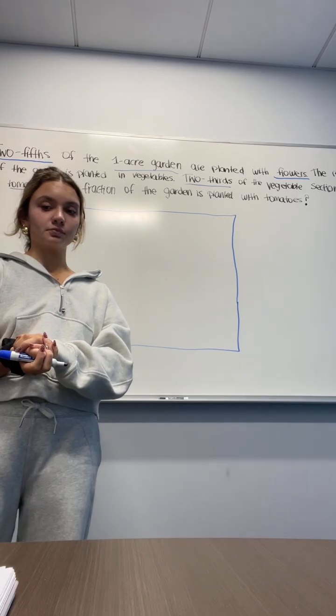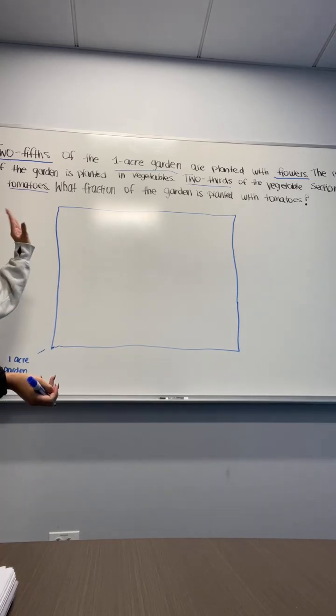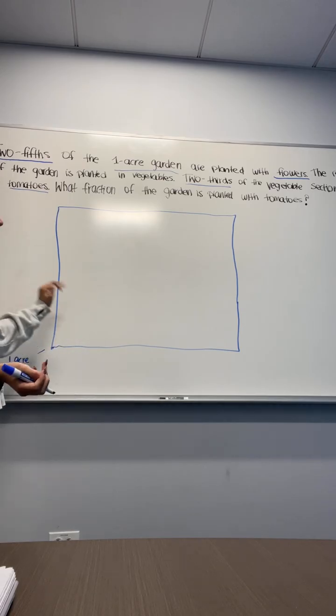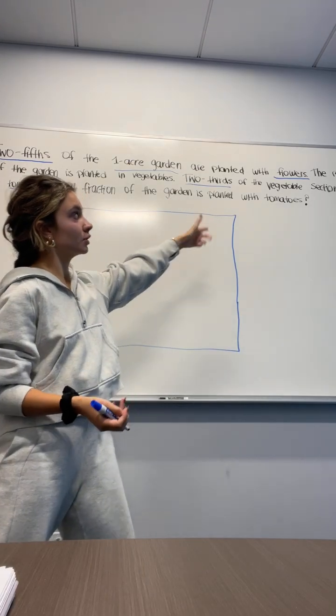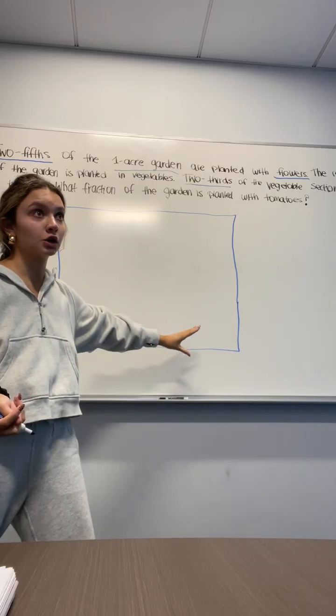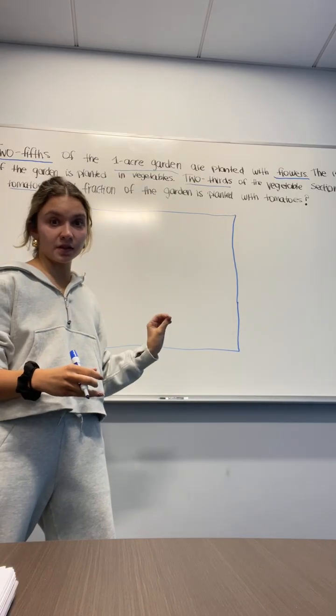Now, what we are going to do is divide this garden into fifths. Now I chose fifths, even though the problem says 2/5 or 2/3, because later on we're going to further divide the 2/3 into fifths.